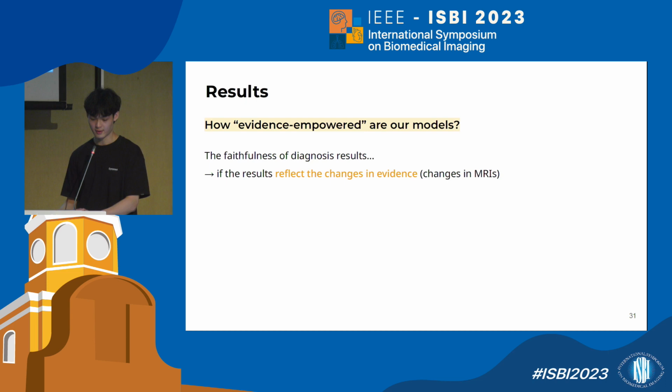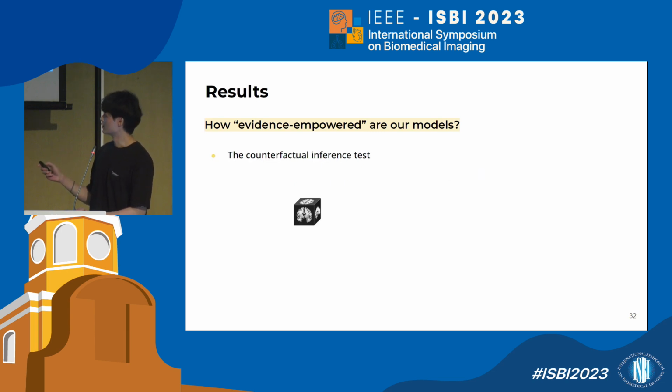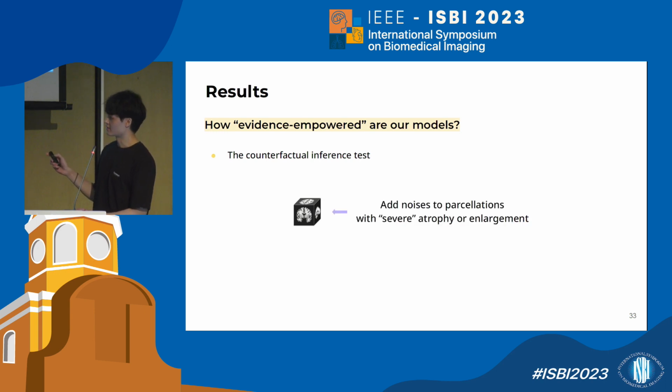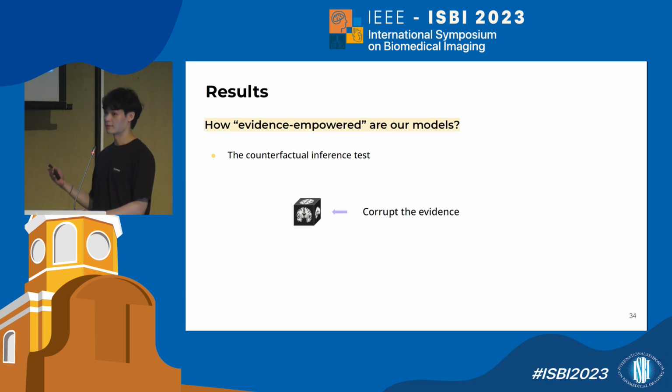And in the second experiment, we investigate how evidence empowers our framework. That is, we test if the model can make predictions that reflect the changes in evidence faithfully. What we do is we take an MRI scan and we add noise to brain regions with severe atrophy or enlargement. In other words, we corrupt the evidence in the MRI scan.